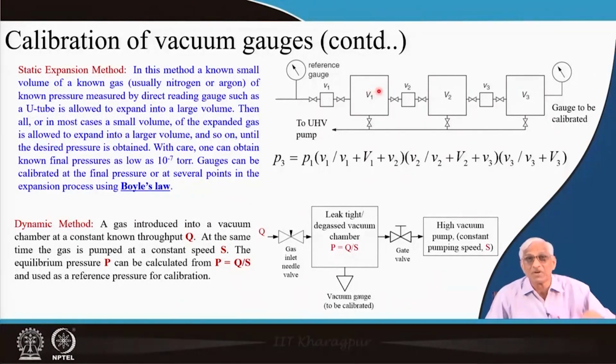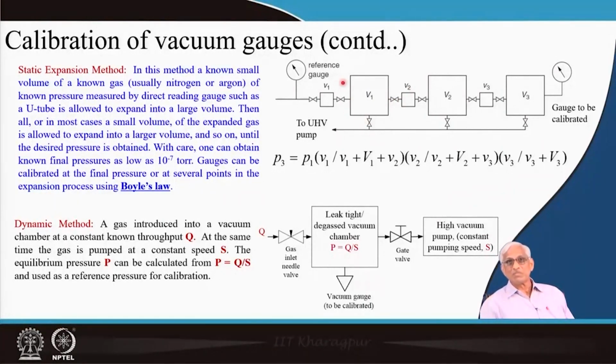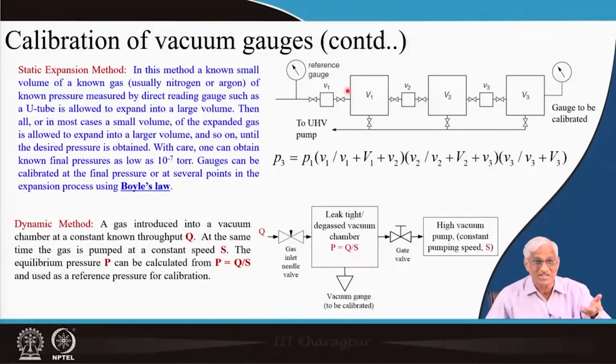In the figure I am not showing it, but the big V1 is much bigger compared to these small volumes. So, the initial pressure is P1 at V1, and the final pressure is P2, which we do not know, but it will be fixed as per the PV equals constant law. We need not measure it; it is going to be a fixed point. That will be P2 into small V1 plus small V2 plus capital V1.